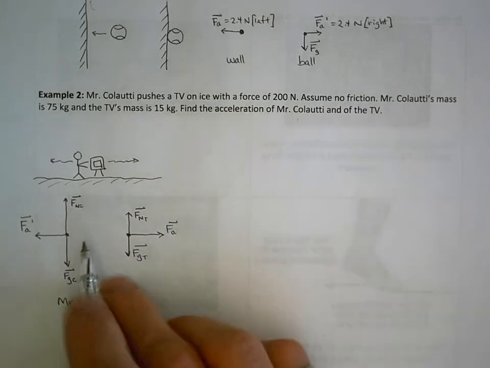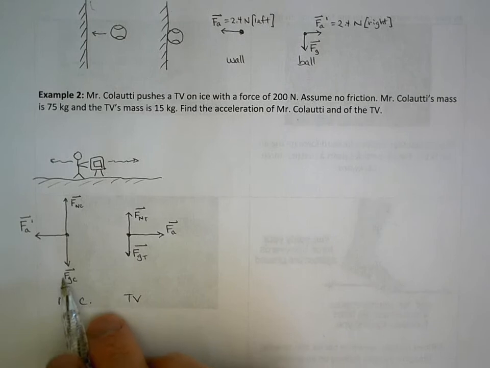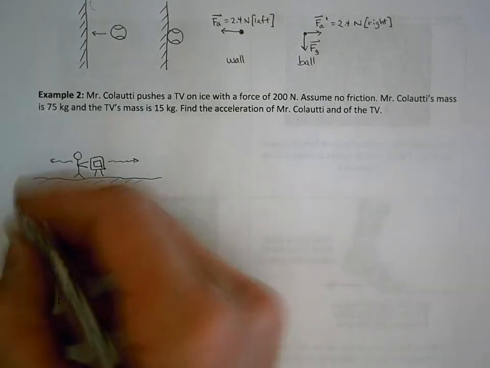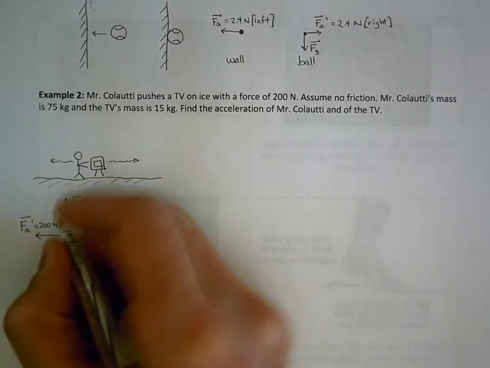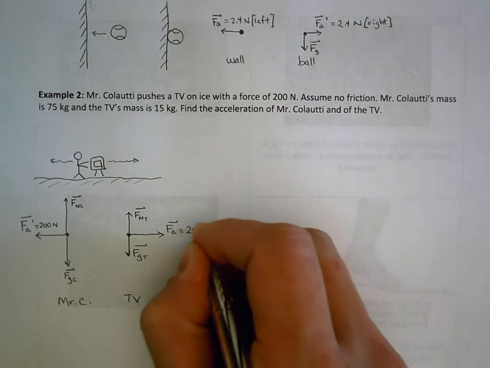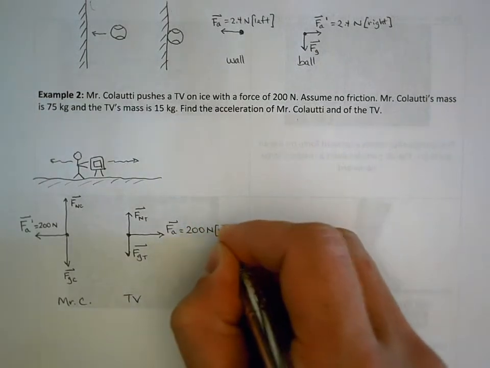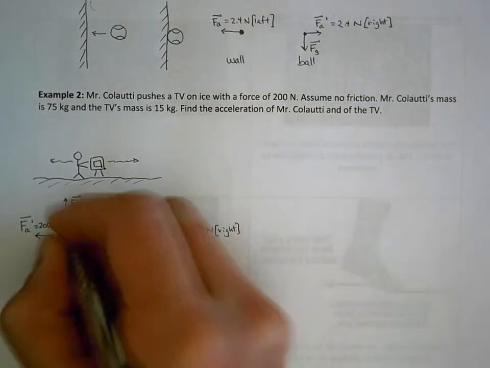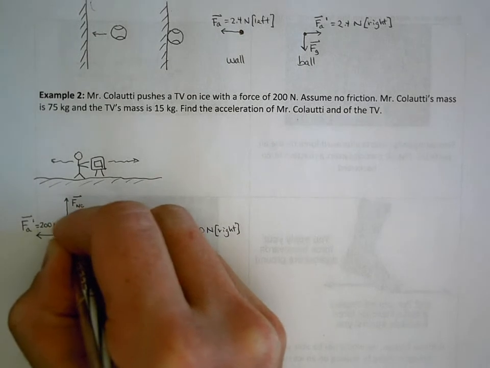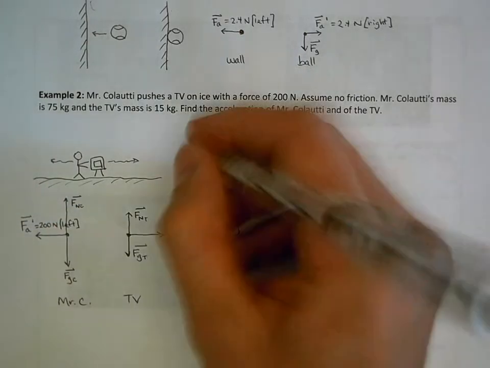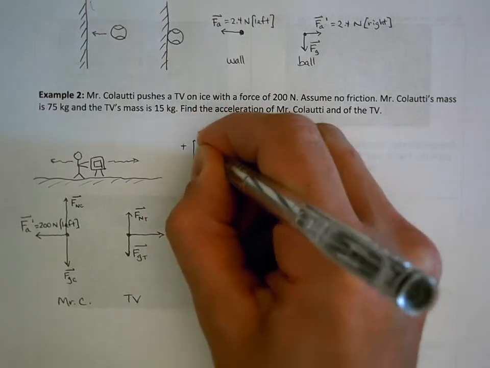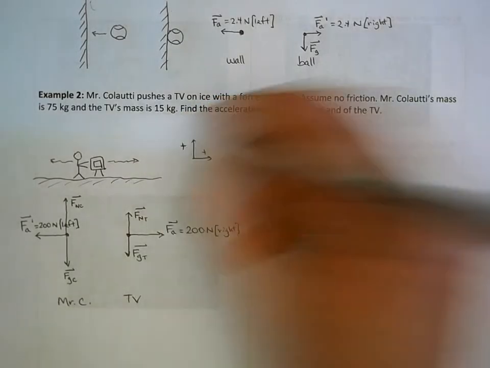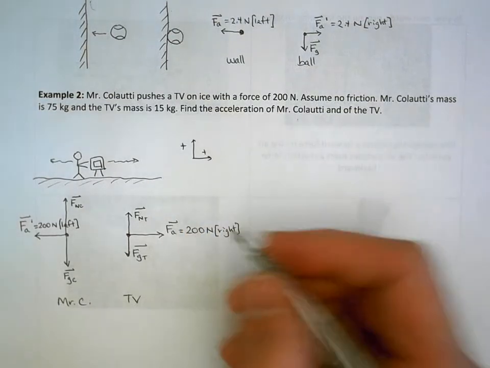So let's look at these two. Sorry, this is 200 newtons, and this is 200 newtons to the right. This is left. It's hard to see. Why don't we define up as positive and to the right as positive?